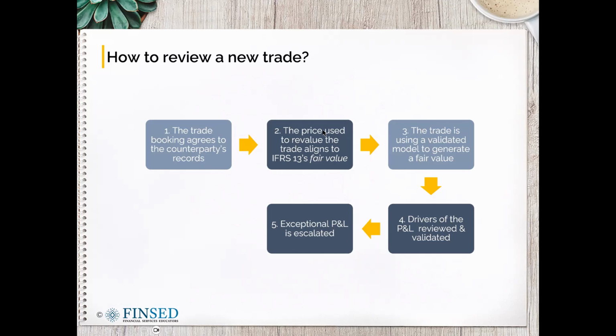Step number 2, we want to make sure that the price or the prices that we're using to revalue the trade align to fair value. So for IFRS, it's IFRS 13. For US GAAP, it's ASC 820. So this brings into question or brings into play 2 main things. Number 1, are the pricing inputs observable?